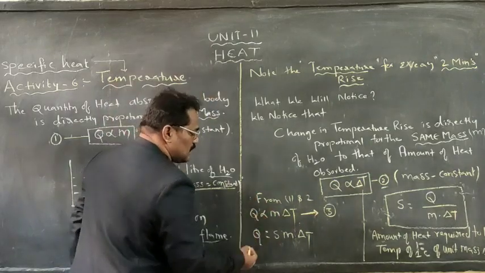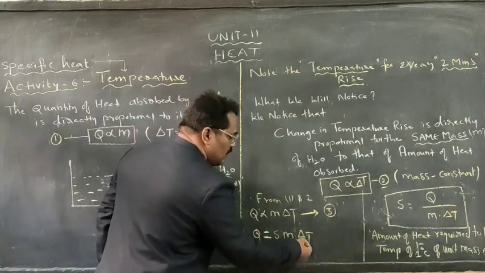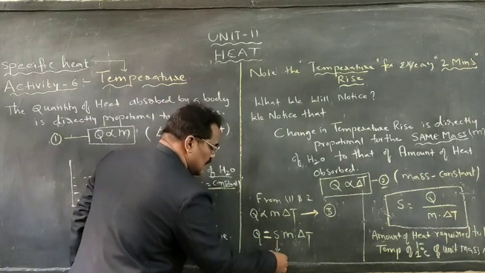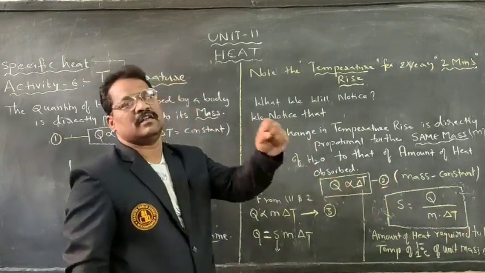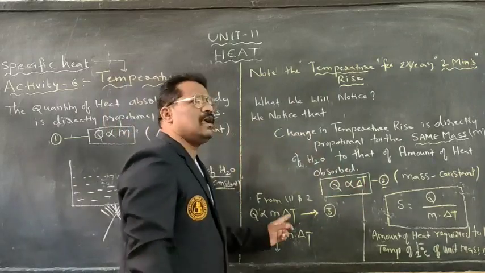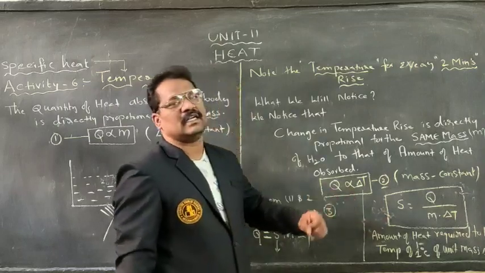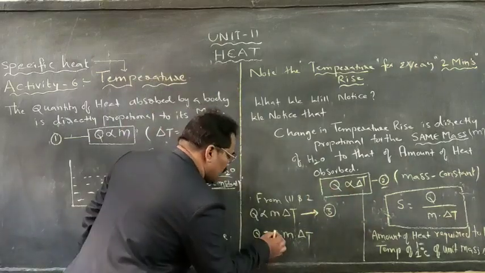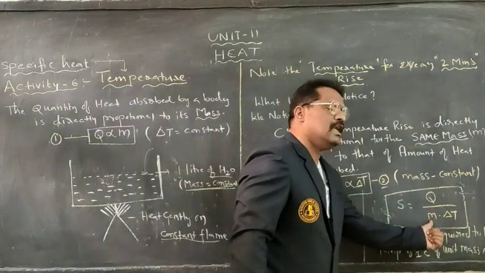Therefore, if I remove the proportionality constant, Q = S M ΔT, where S indicates specific heat of a substance, which depends upon the nature of the material, M indicates mass of the substance, and ΔT indicates change in temperature.